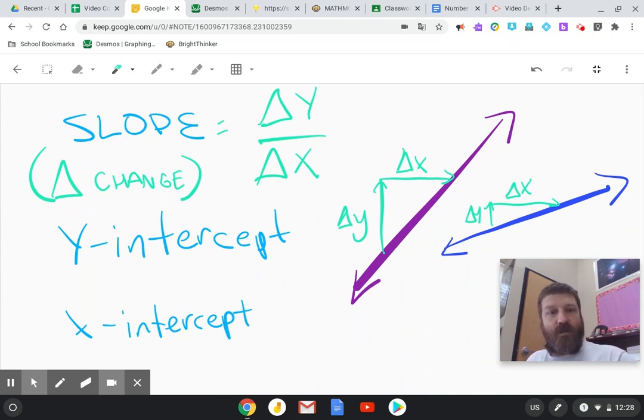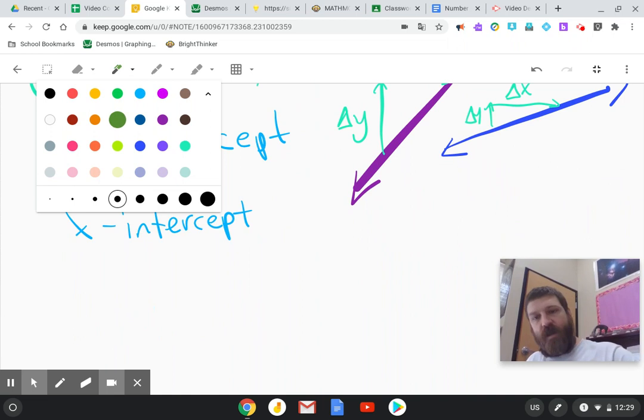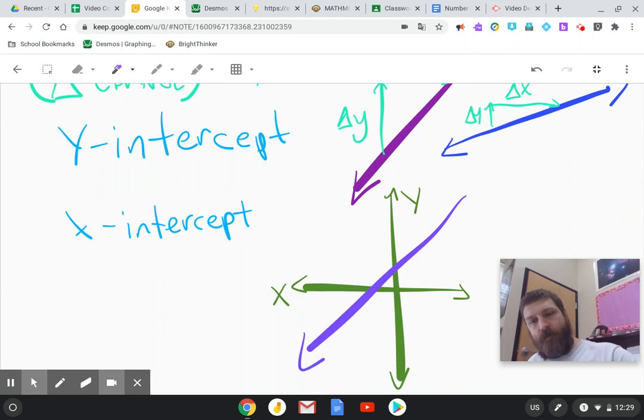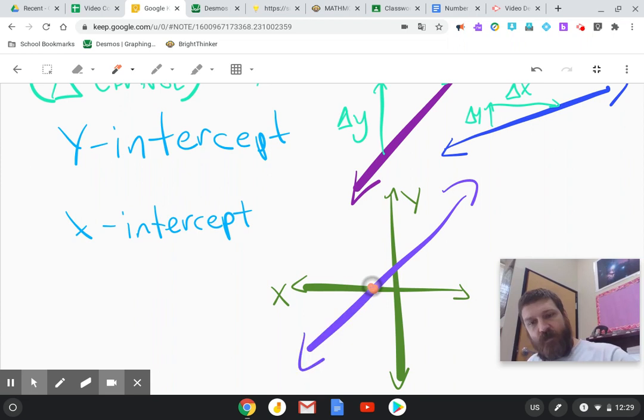The y-intercept and x-intercept are very similar concepts, but let's say I have my x and y axis, and I graph a line on that, like right there. The x and y intercepts are these points here and here.